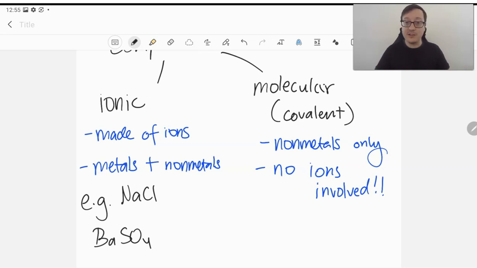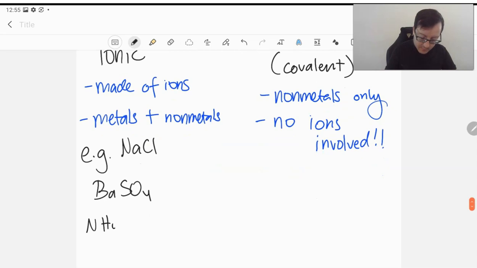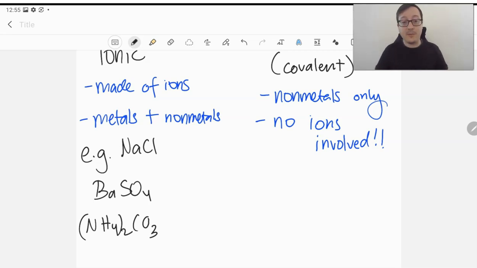We have a sulfate, which is a polyatomic ion made of nonmetals, as polyatomic ions are. We also have ammonium carbonate, which is an ionic compound made of only nonmetals, but those are ions. Ammonium is a polyatomic ion. Carbonate is a polyatomic ion. You'll want to learn those.